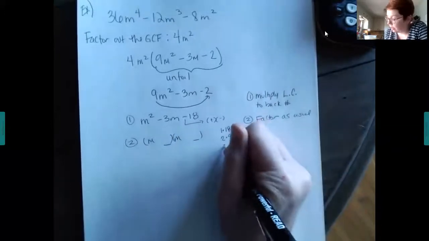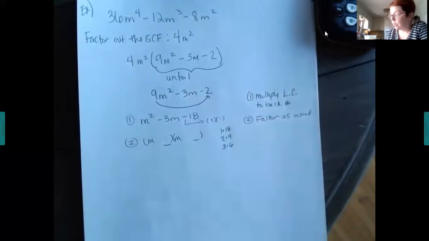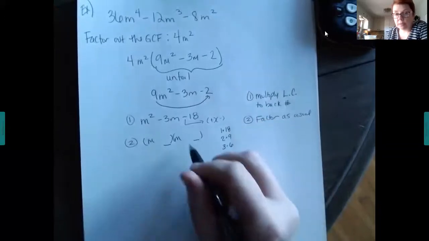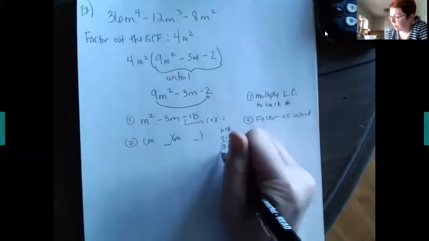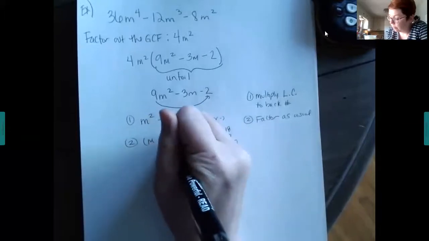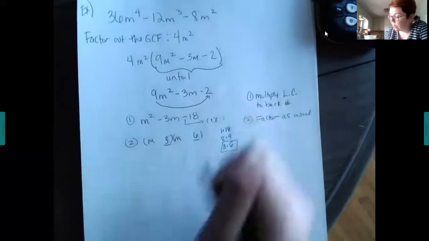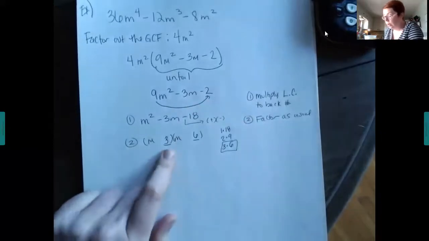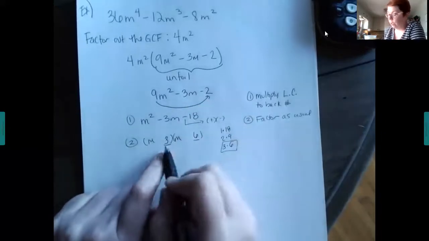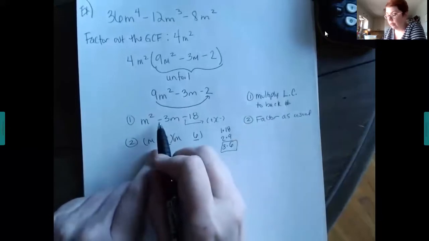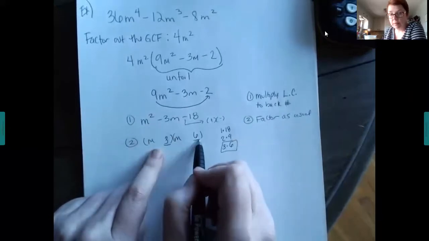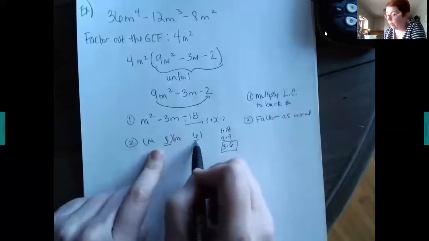And then the next set of factors for 18 is 3 and 6. Right? So 6 minus 3 is 3. Okay, so I have different signs. Which number gets this sign? The bigger one. So 6 is bigger than 3.